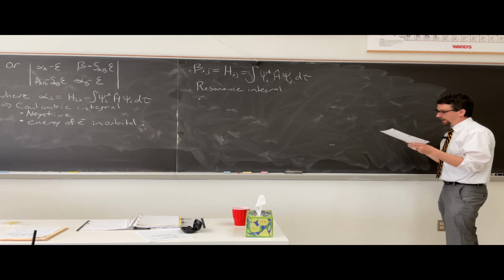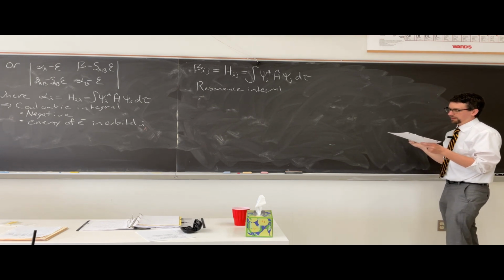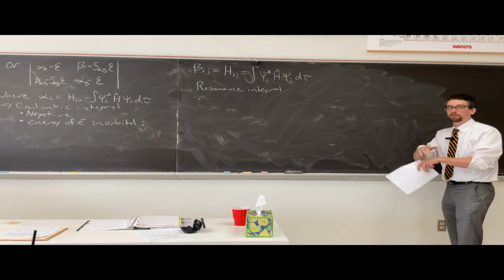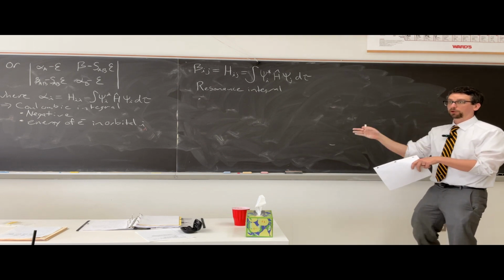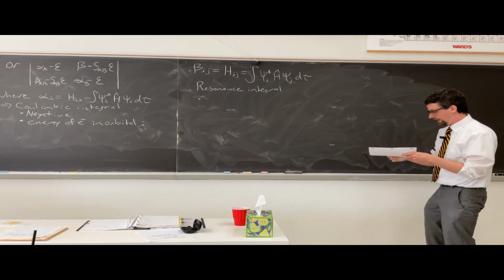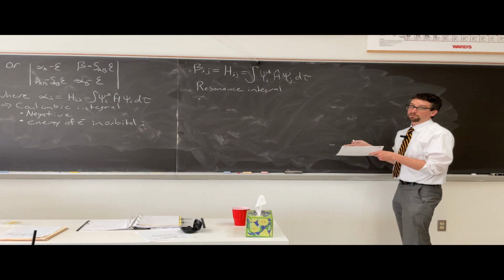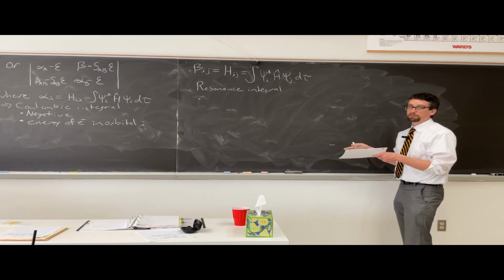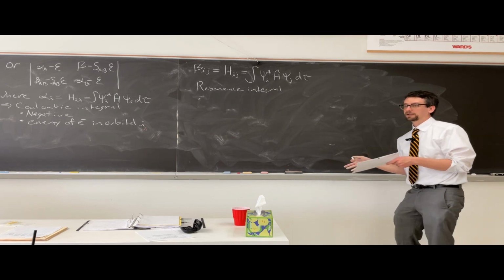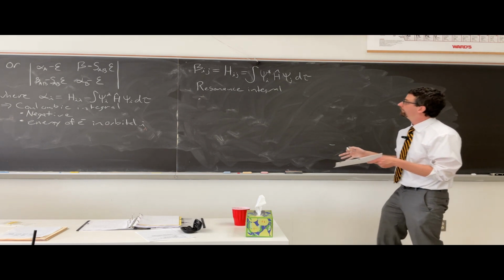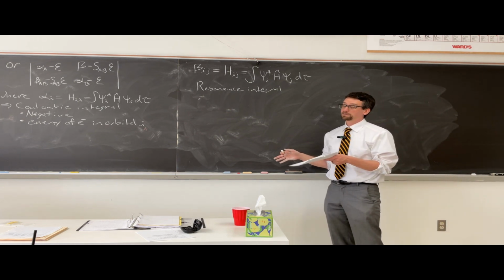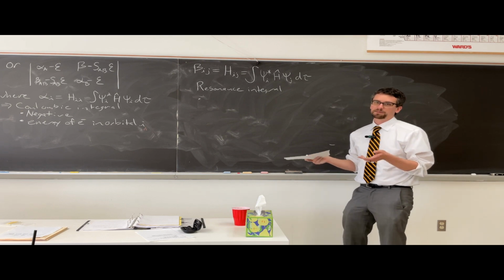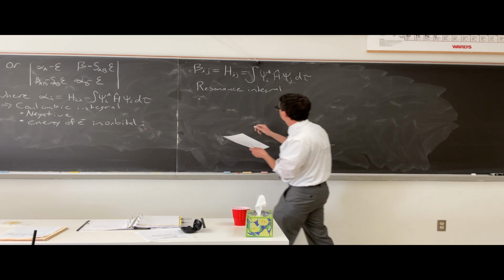In the case of bonding integrals, it's the strength of the overlap between orbitals i and j. It's negative for constructive overlap. What do you think it is for destructive overlap? Yeah, it's positive. And it's also sometimes called a stabilization energy.